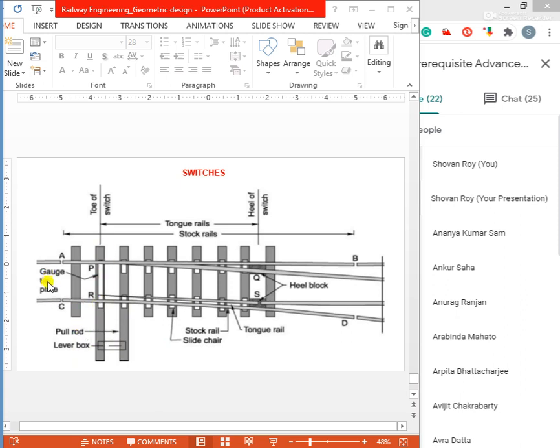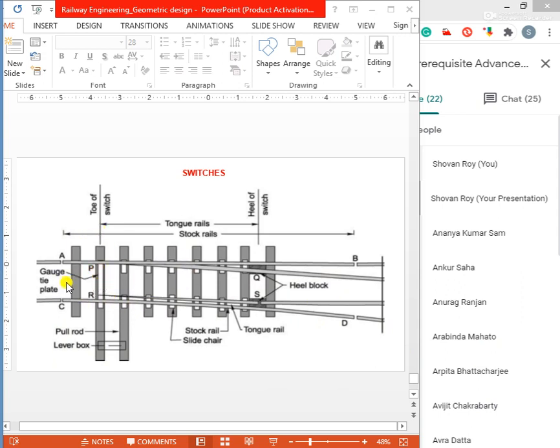operate this gauge plate. If we want to go straight, then this PR portion or gauge tie plate will come in the lower direction. And if we want to go from the branch line to the main line, the picture of the portion is given in this figure.